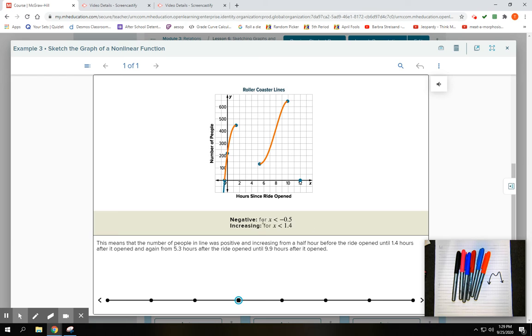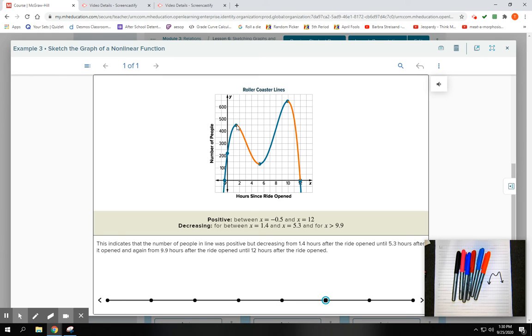We also know that we're increasing at 5.3 to 9.9. Again, we're negative after everybody leaves and is no longer in line, and we're decreasing, so we're going down.